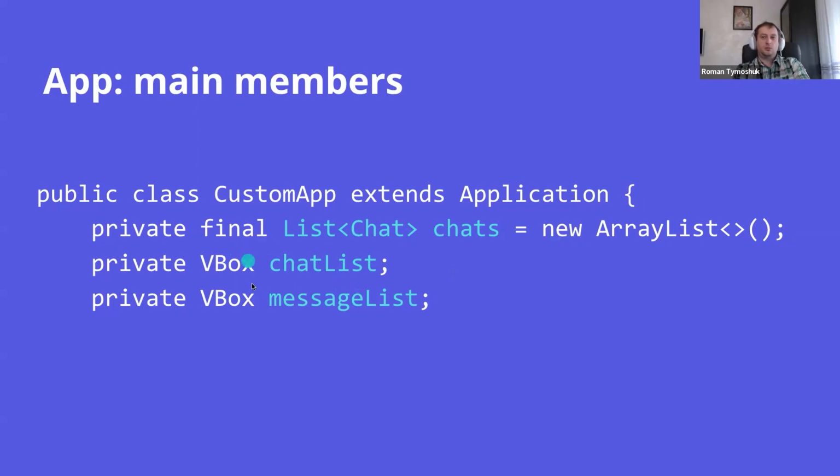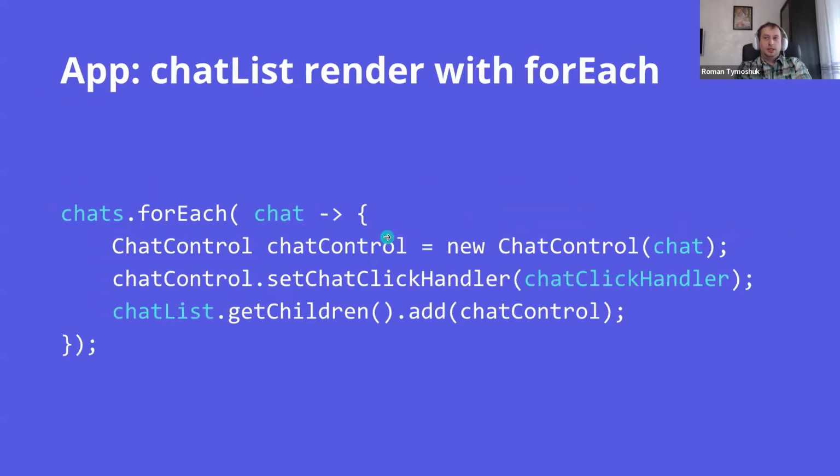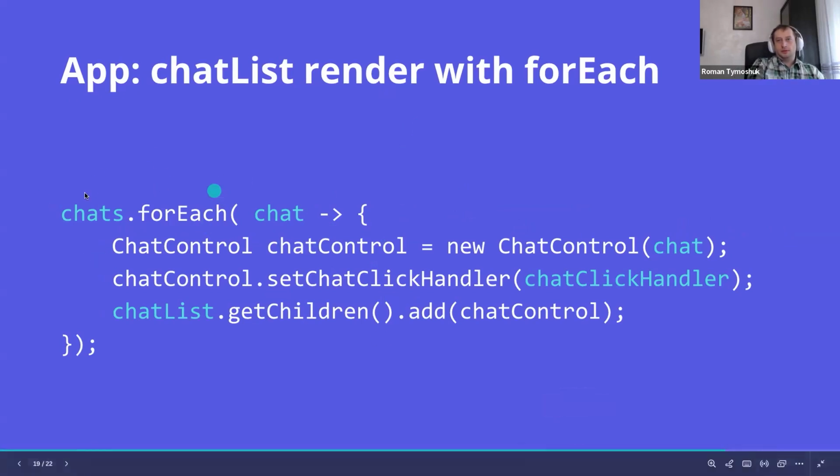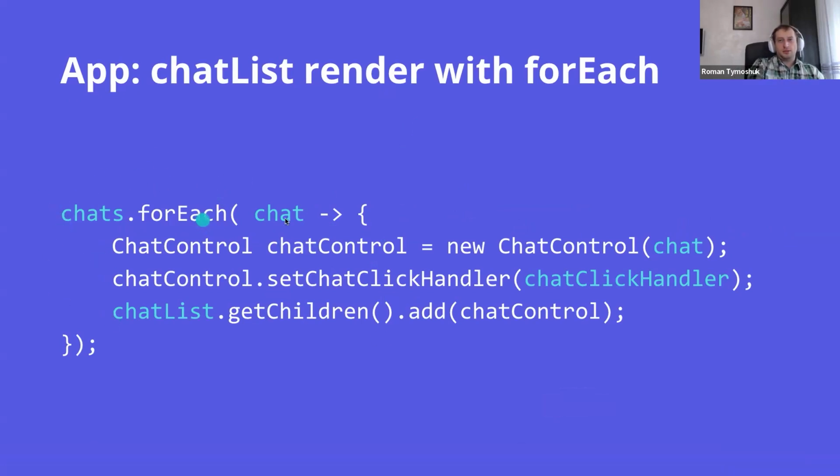We have the fields, vertical boxes, and a list of chats as chat objects. So when we are listing and iterating, we can use the forEach method and provide a lambda function. Has anyone used it before?